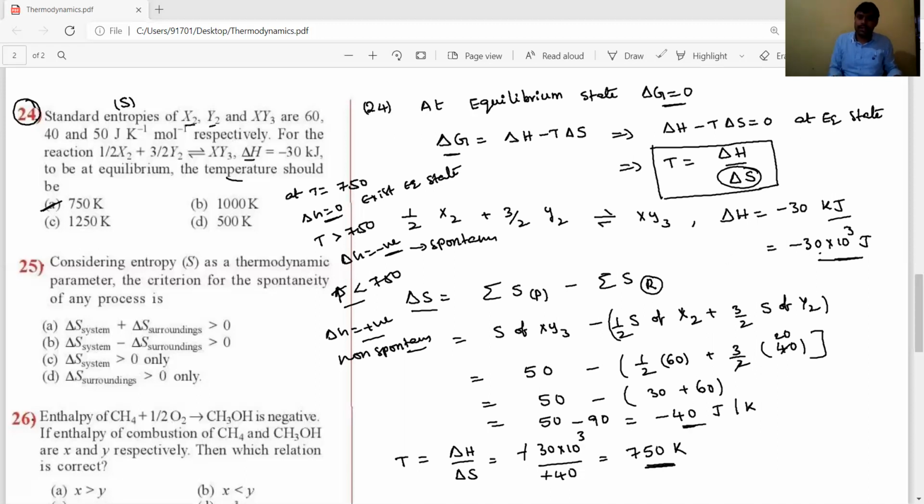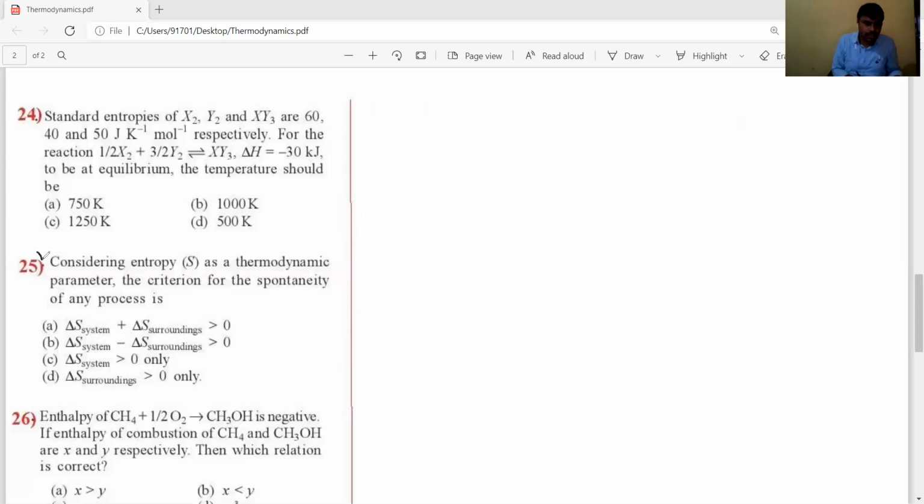Let's go for the 25th question, dear students. What is the 25th question? It's very easy. The 25th question is: consider the entropy S, the thermodynamic parameter, for a certain spontaneous process.